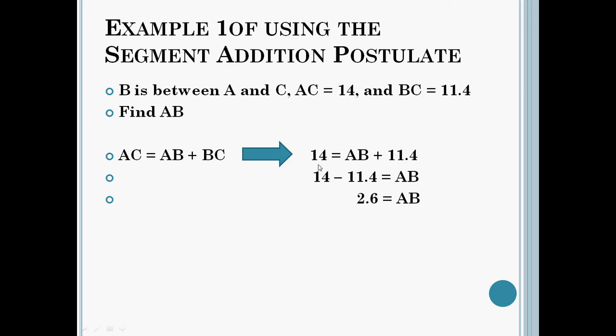Then we just substitute in the values that we were given. AC is 14, so that goes here. AB is what we're trying to find, so we just label it AB. And BC is 11.4, so we can substitute that in. Then subtracting the 11.4 from both sides, we get that AB is 2.6.